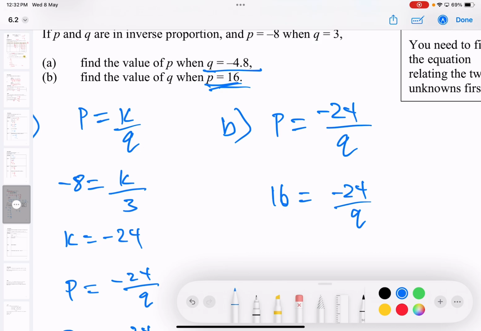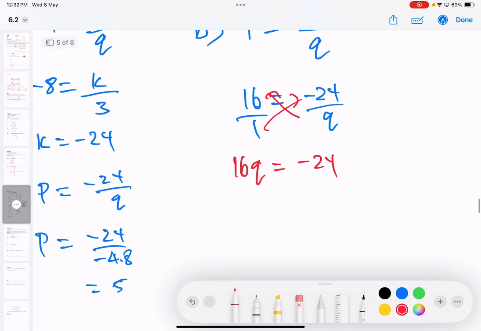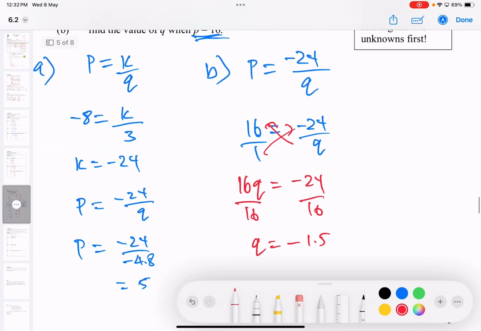Cross multiply. Okay, good. So if I cross multiply, I'm going to get 16Q is equals to negative 24. So what should I do on both sides? Divide by 16. Okay, good. So my Q is negative 1.5. Alright.